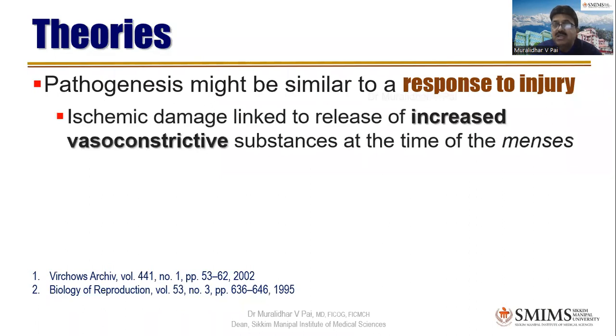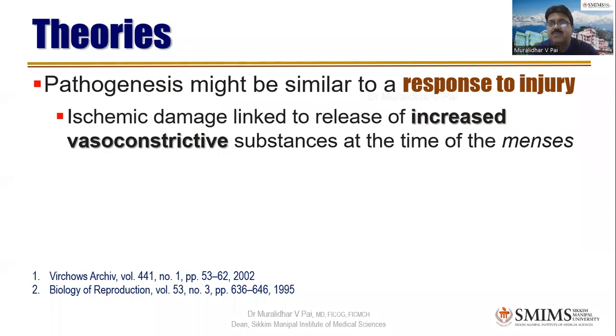Ischemic damage linked to release of increased vasoconstrictive substances at the time of the menses. So this is a response that you can see during inflammation, but it is happening naturally here. I'll repeat, ischemic damage linked to release of increased vasoconstrictive substances at the time of menses. The body's response when the menses start is to stop the menses, and there are several mechanisms.